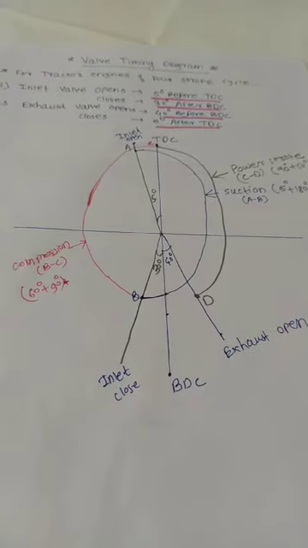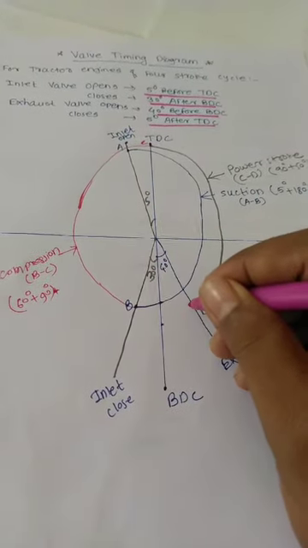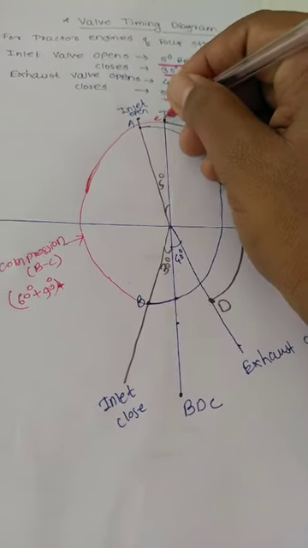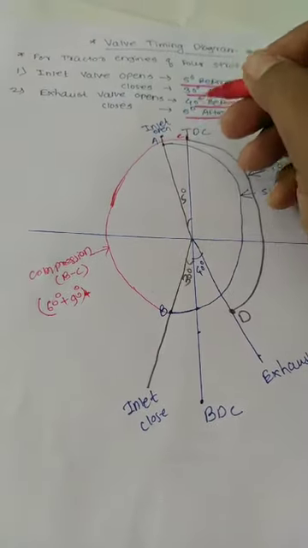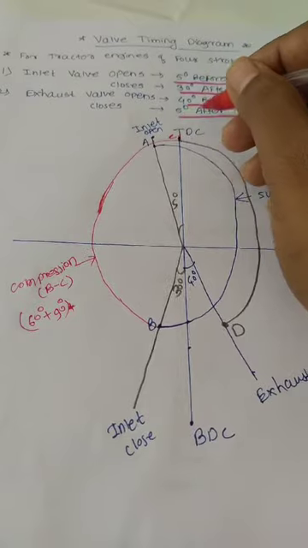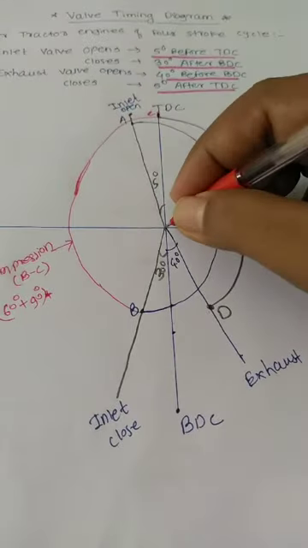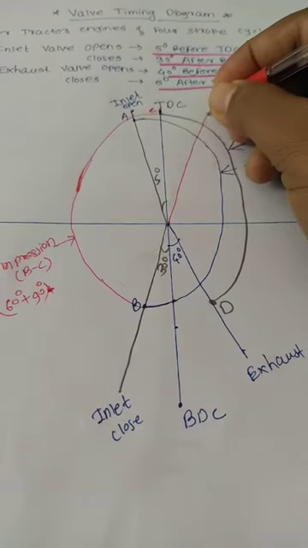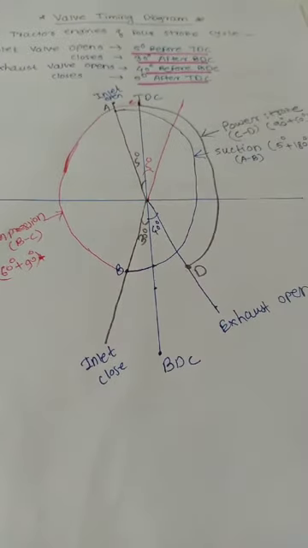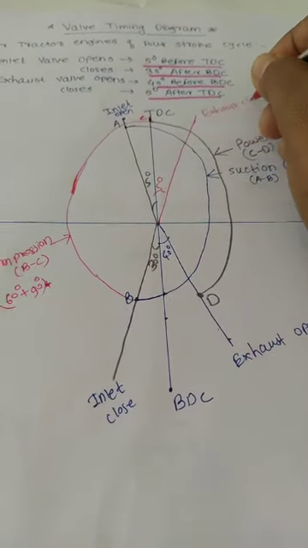Our last stroke will start from this position, 40 degree before BDC, and it should close at TDC, but the exhaust valve will close at 5 degree after TDC. That's why we show this point 5 degree after TDC, and this is named exhaust close.